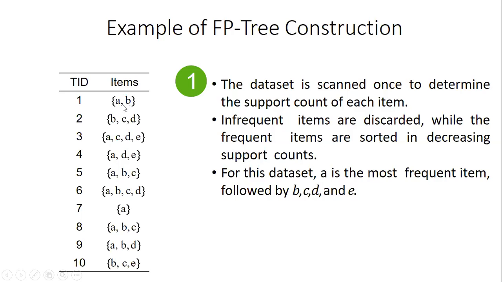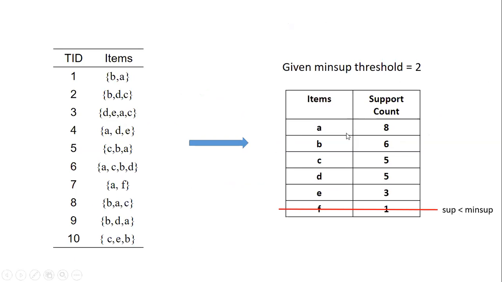In this order, if C is missing and D is there, then ABD will be taken. Like this.